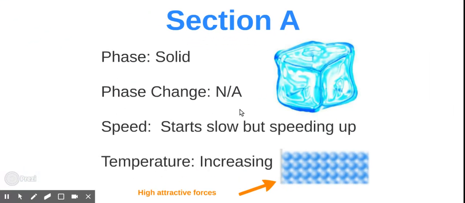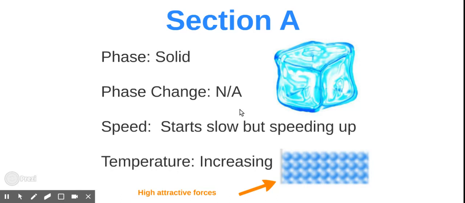So the first thing that we're going to do is focus on A. In A, we have a solid, and there's no phase change occurring here. Just because there's one phase, we just have a solid, so no phase change. At this time, we have our solid block of ice, and we are lower than zero, but we are starting to increase the temperature because we've now put it on the hot plate.